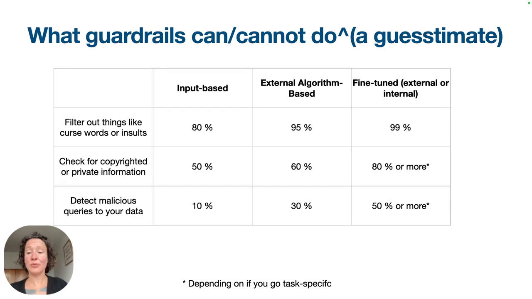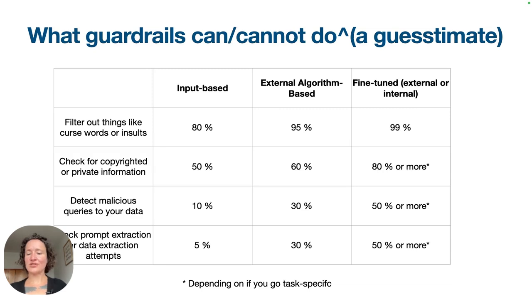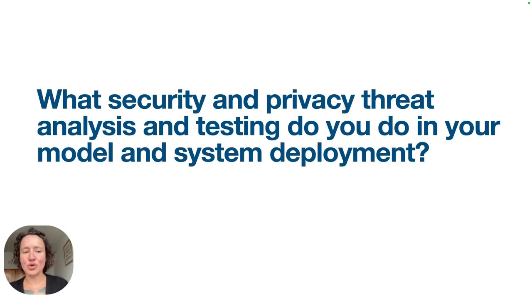It, of course, is, but I'm trying to be realistic about what we can achieve. So if data is super private, you might just want to think about not making it available, right? And then prompt extraction, data extraction attempts, I would put those estimates even lower for software and then about the same for the others.